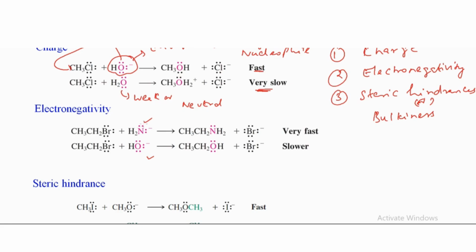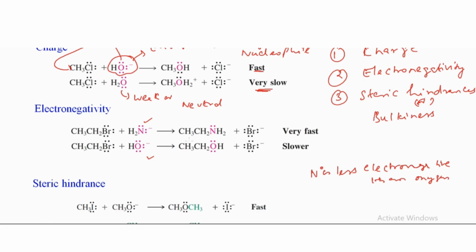If the negative charge stays on a highly electronegative atom, you see, nitrogen is less electronegative than oxygen. If it is more electronegative, it will withdraw electrons towards its side.